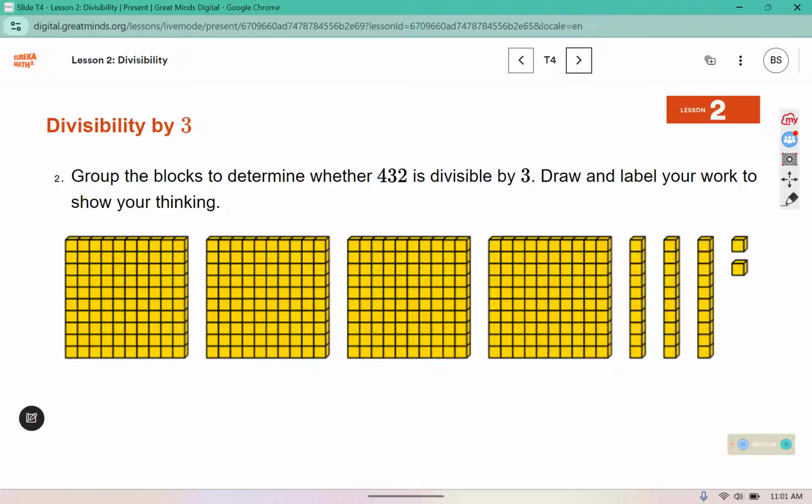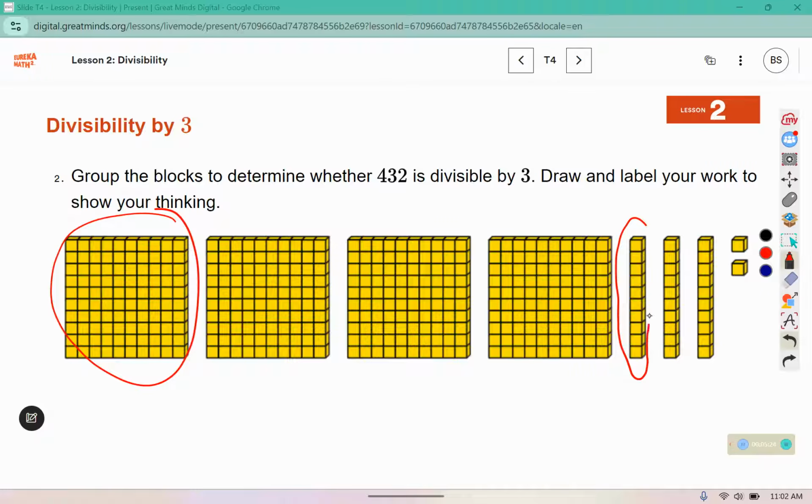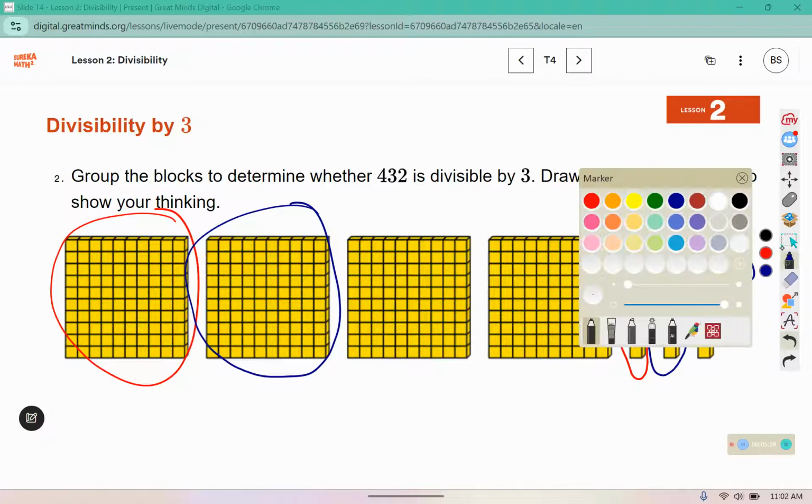Okay, so if it's divisible by 3, I can separate it into 3 equal parts. So I'm going to use 3 different colors. So I'm going to put a 100, a 10, and a 1 together.